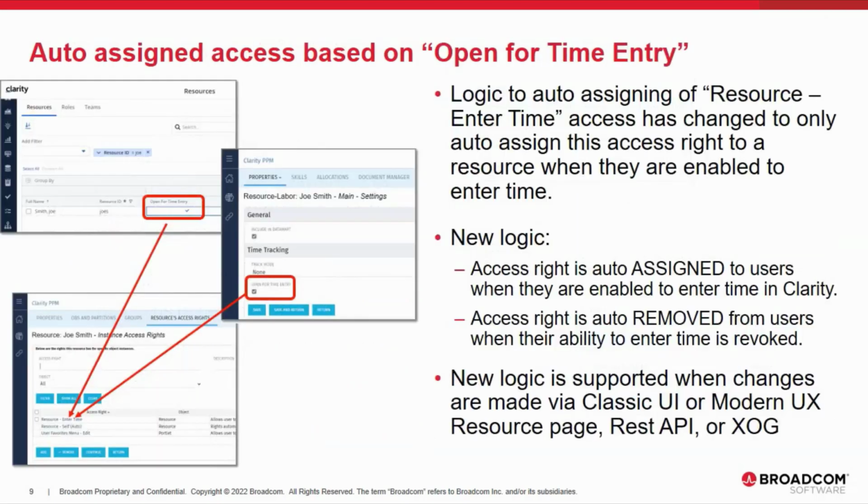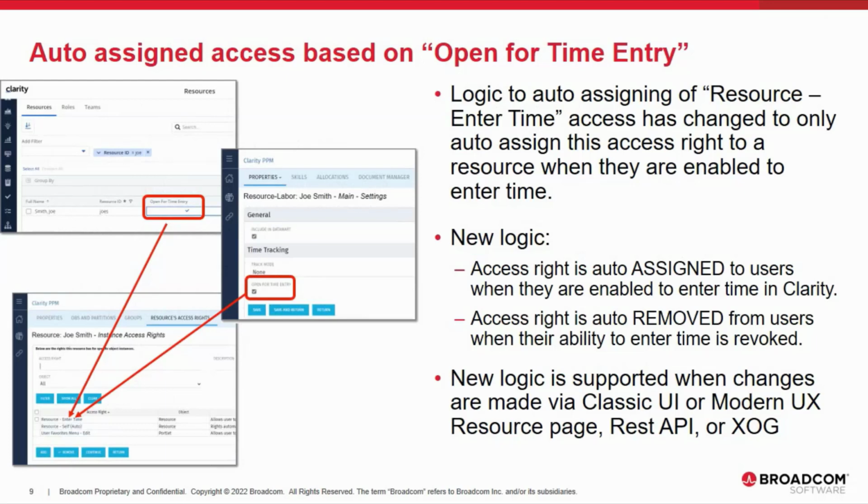The way the logic is going to change is that we will now tie the auto assigning of the right, which is the resource enter time, directly to the ability for a given user to enter time in the system. This means that when a specific user is enabled to enter time, or open for time entry is the actual flag, when that open for time entry flag is checked, we will auto assign the resource enter time access right.